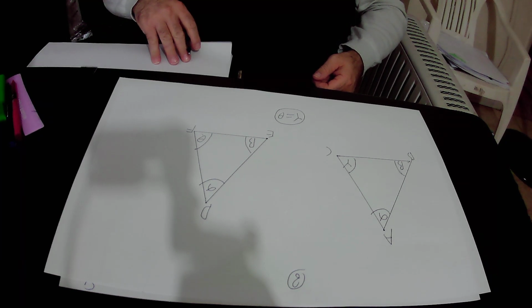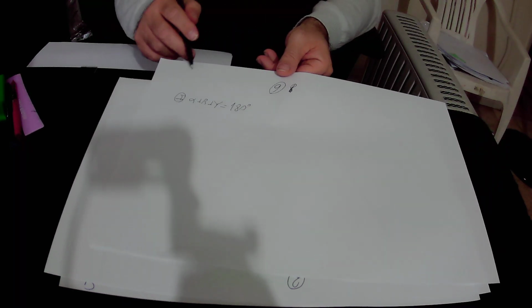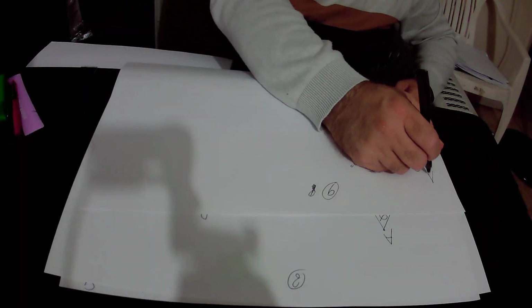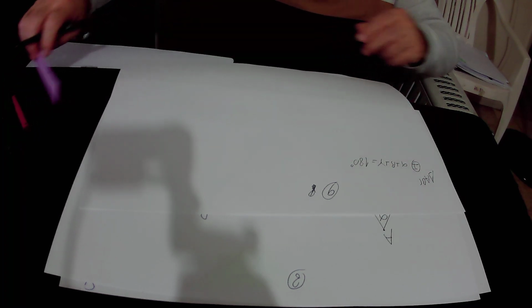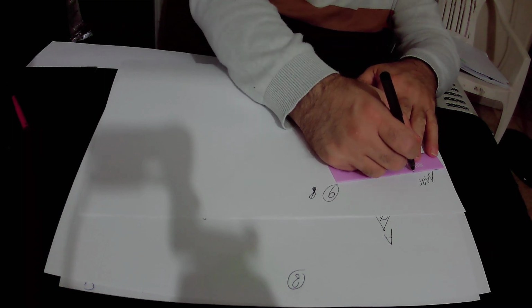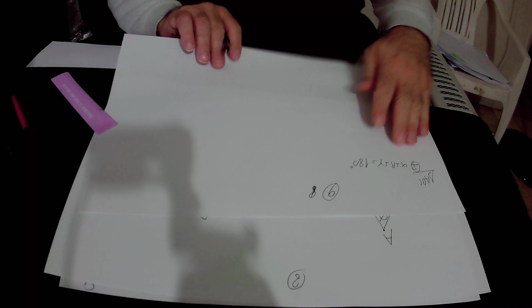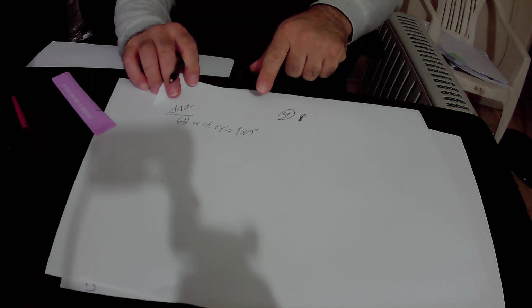Okay. In triangle ABC, the sum of its angles equals 180 degrees. That is to say, alpha plus beta plus gamma equals 180 degrees.